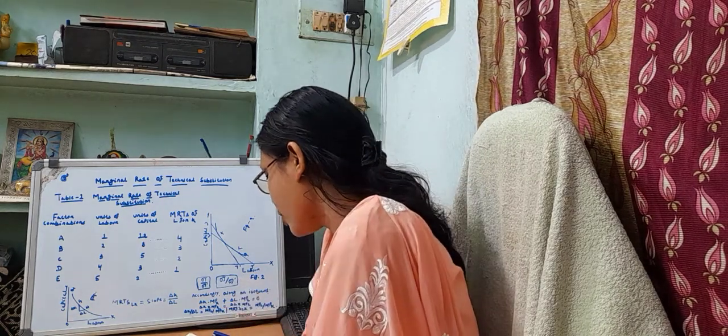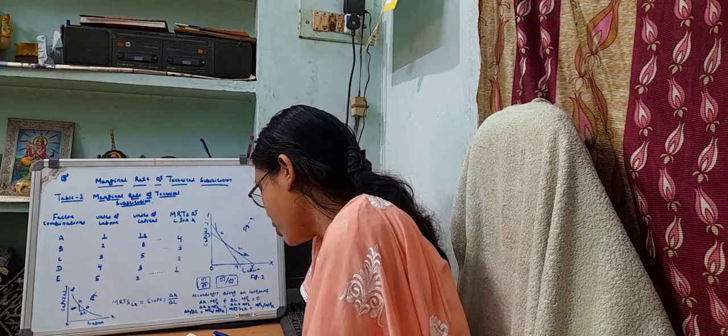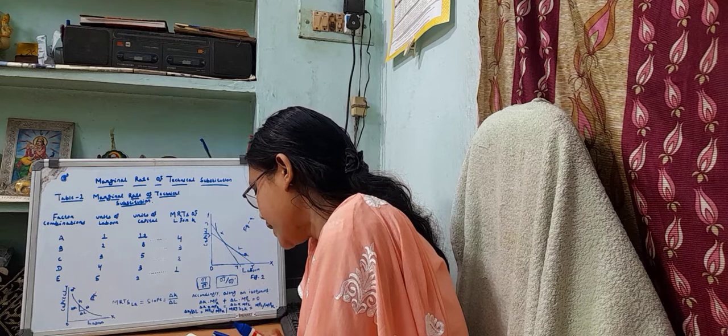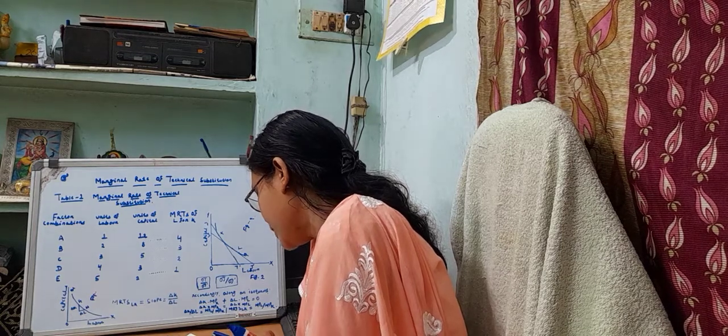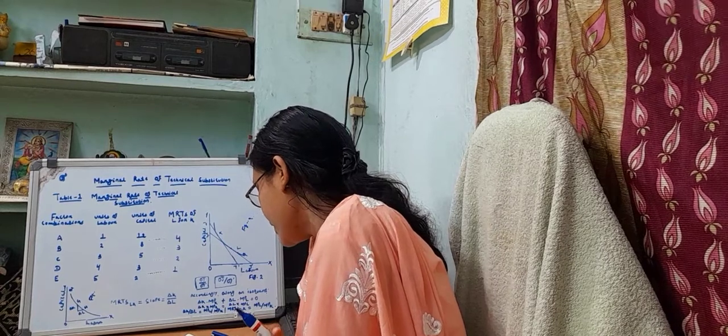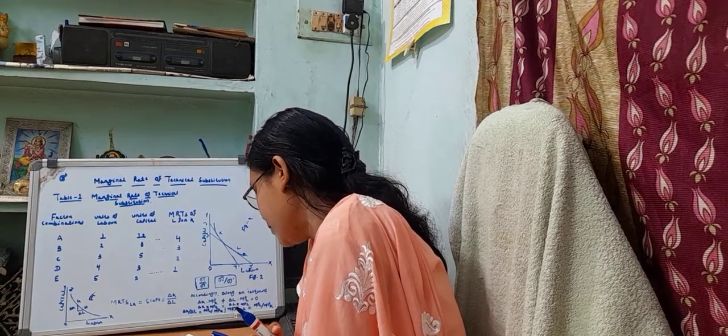This downward sloping property of the isoquant follows from a valid assumption that the marginal physical products of factors are positive. That is, the use of additional units of factors yields positive increments in output.